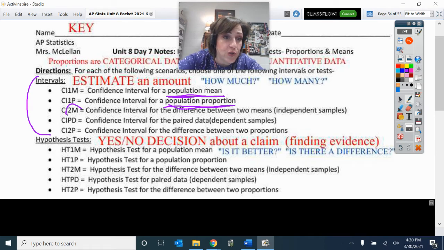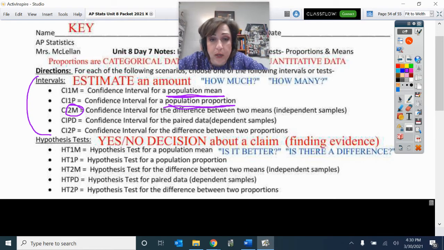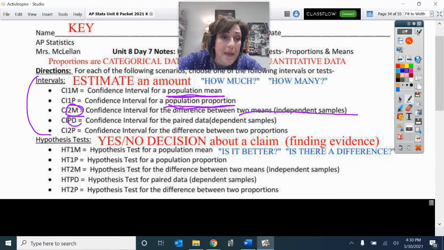But we could also do two independent means, like the average GPA for men and the average GPA for women. What if we have paired data? Means can be paired, proportions cannot. Only means can be paired data.